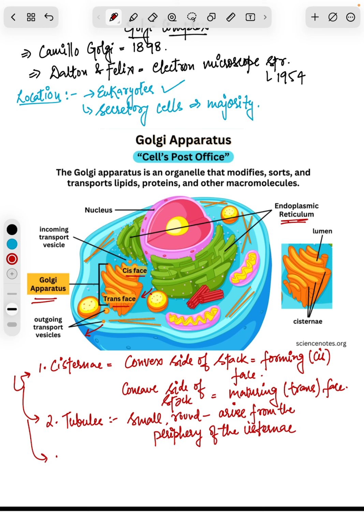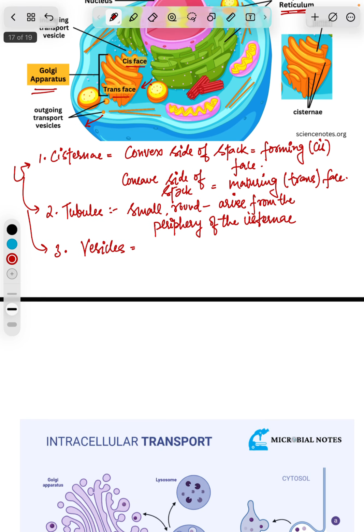The third part of the complex comprises vesicles. Vesicles lie near the ends and the concave surface of the Golgi complex.